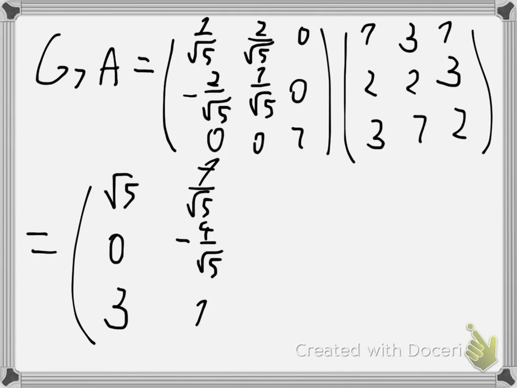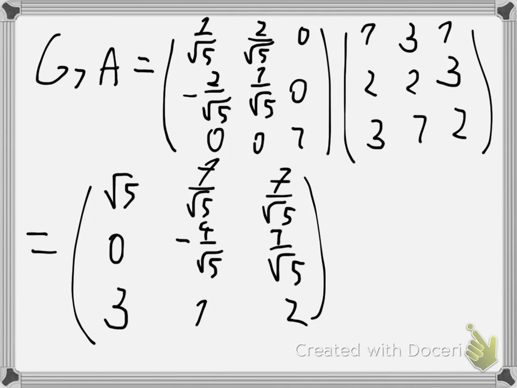And then we get 1 plus 6, so 7 over square root of 5. Then we get 1 over square root of 5 and 2. Okay.